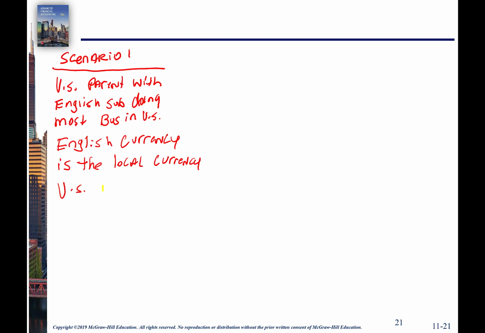Is considered the local currency. US dollar would equal the functional.